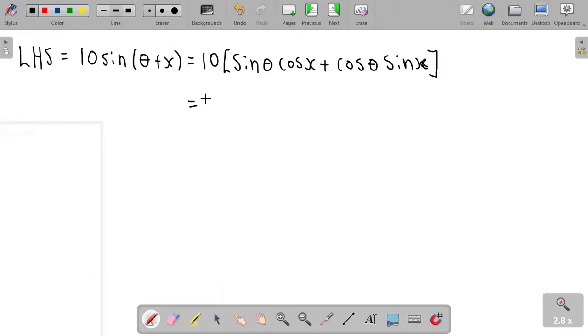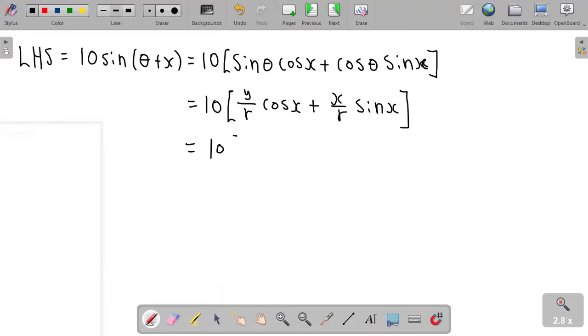So then it's going to be 10 and then sine is what? Sine is y over r, and then cos x, plus cos is x over r, and then sin x.